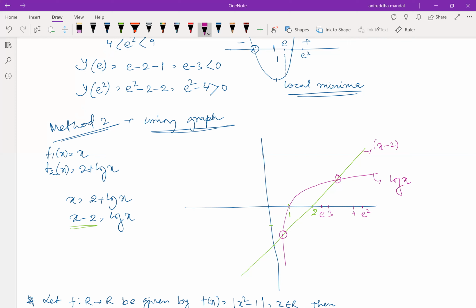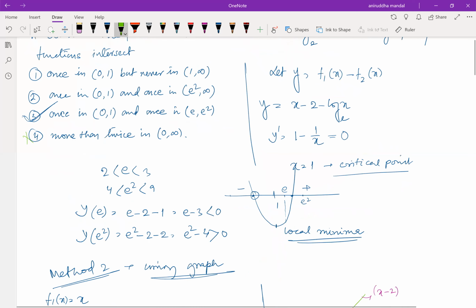So from the graph we can also see that these two equations must cut between 0 and 1. One solution we get here, and another solution is between e and e square. So option 3 is correct.